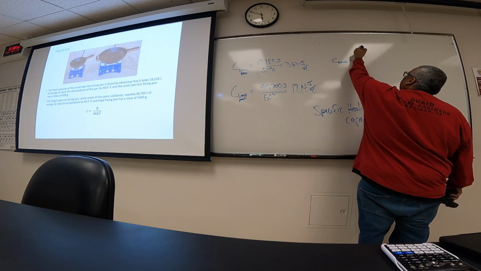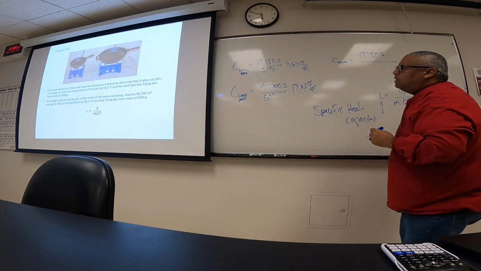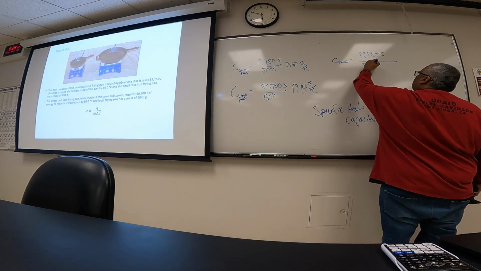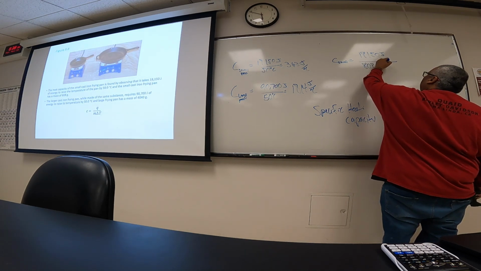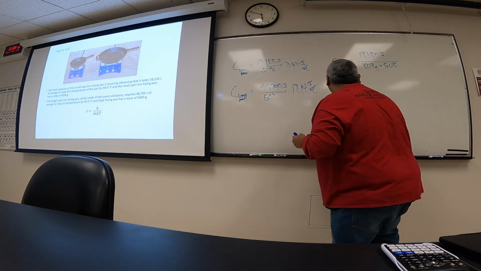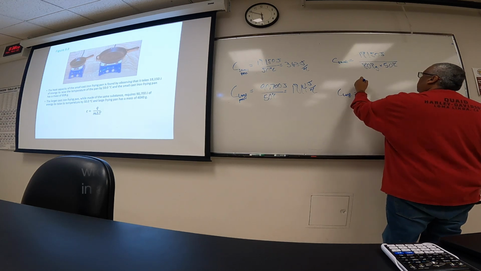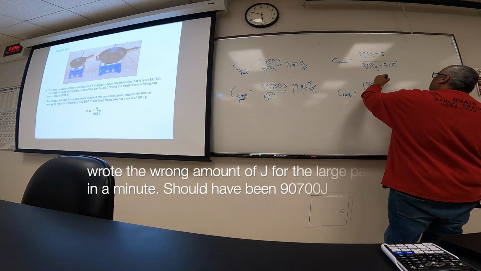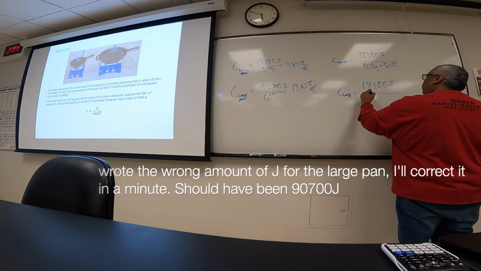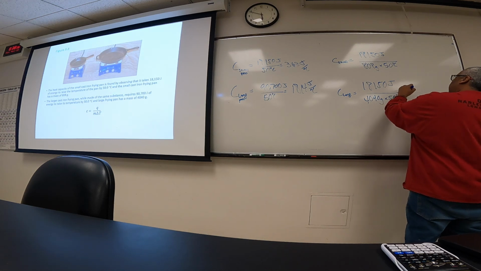We're still using 18,150 joules, but our mass this time is 808 grams times 50 degrees Celsius. And the specific heat of the large one is 4,040 grams times 50 degrees Celsius.